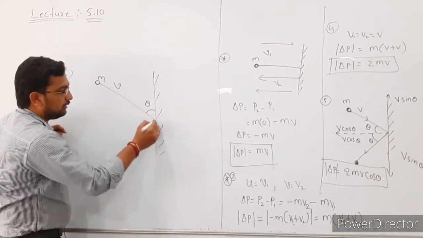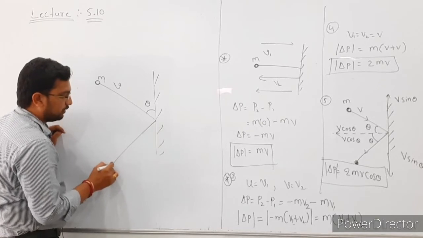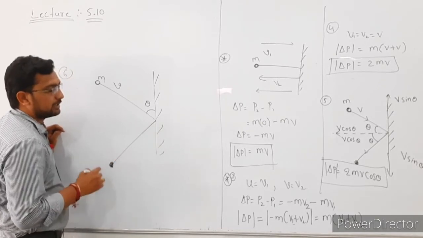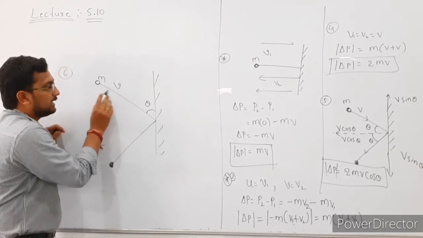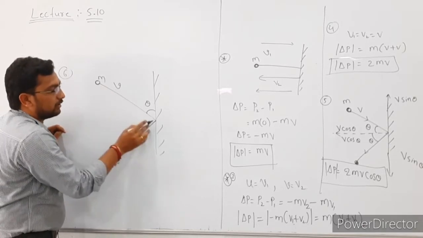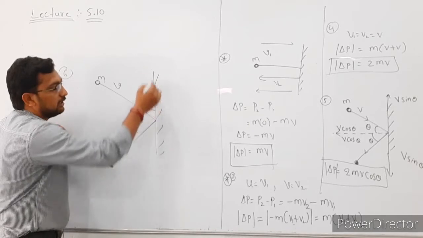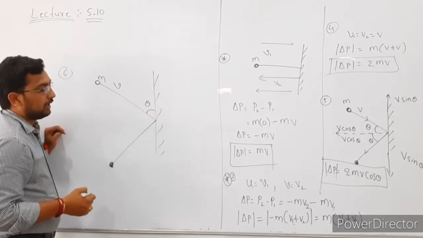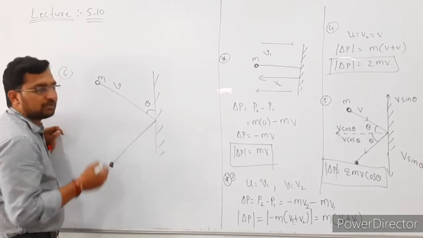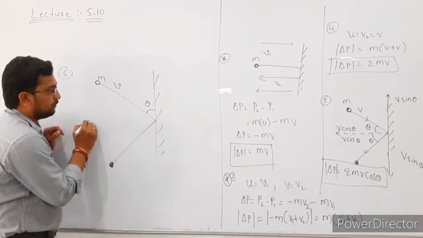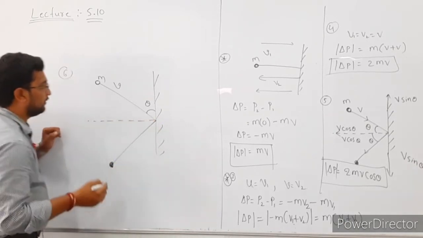After collision this body moves with the same speed. So here we are considering the body of mass m moving with the velocity v, and after collision it makes an angle theta with respect to the wall and moves with the same speed. Find out the change in momentum here.